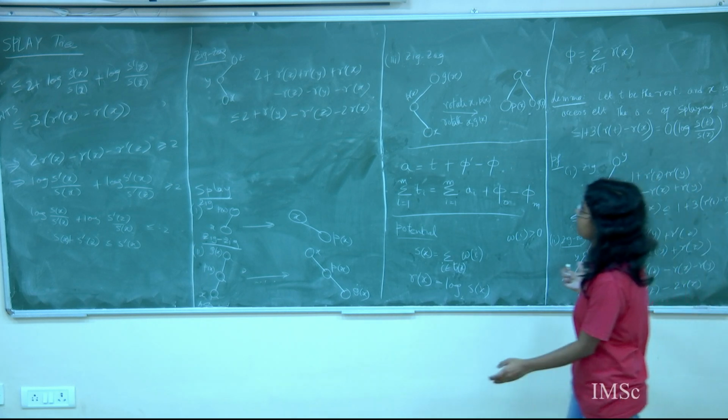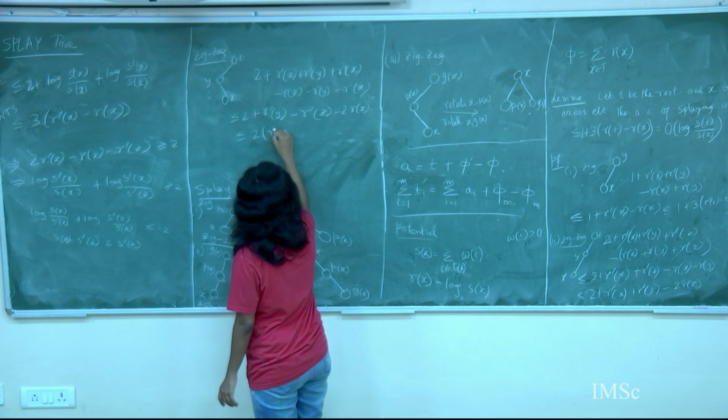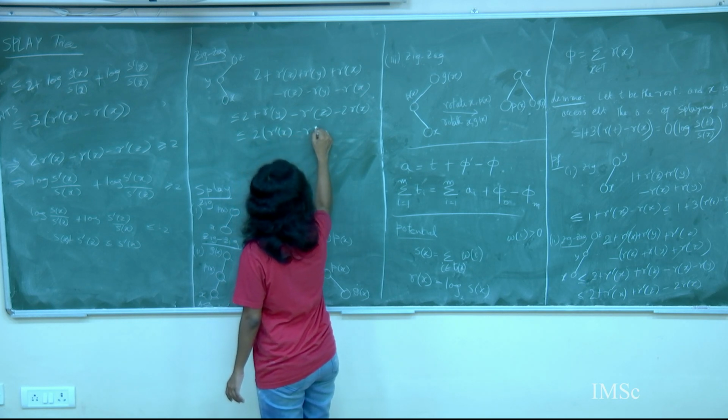So you can do this and you will see that this comes out to be 2 r prime of x minus r of x.